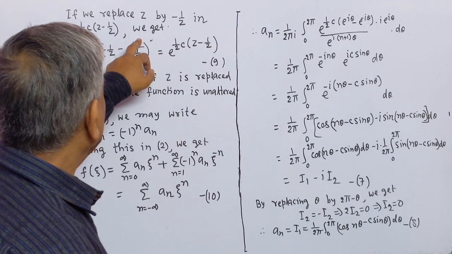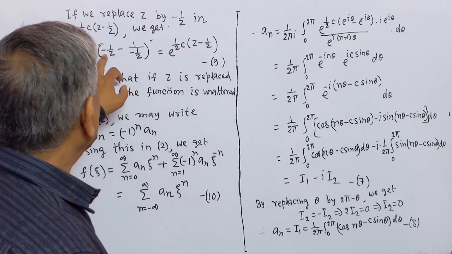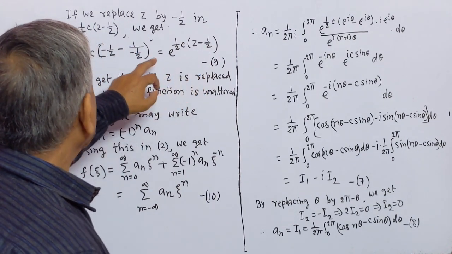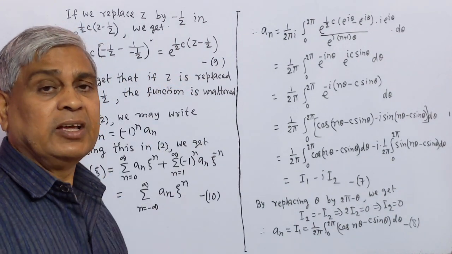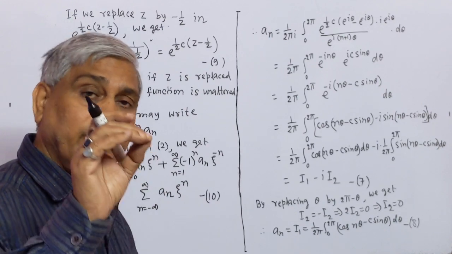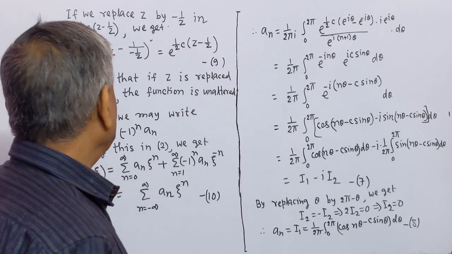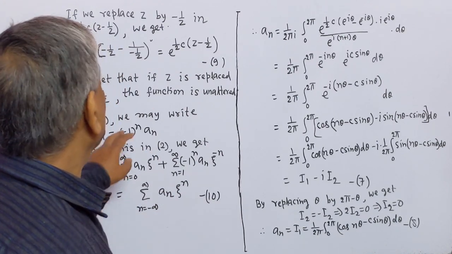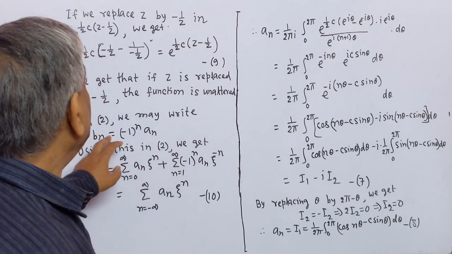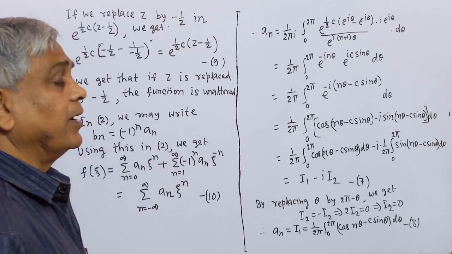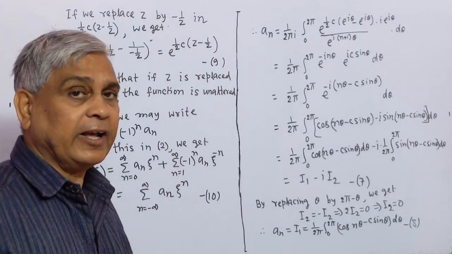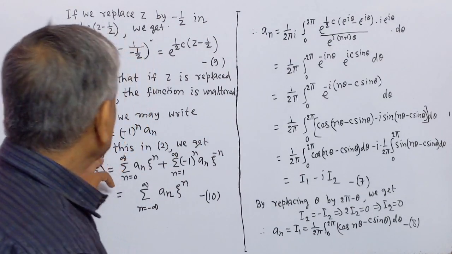So the function remains unaltered if we replace z by -1/z. Therefore we may write bₙ = (-1)ⁿ aₙ in the Laurent expansion.